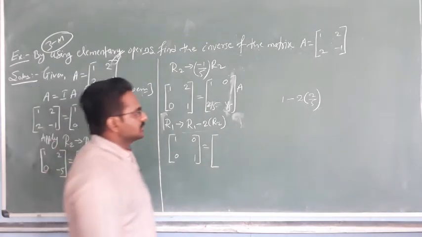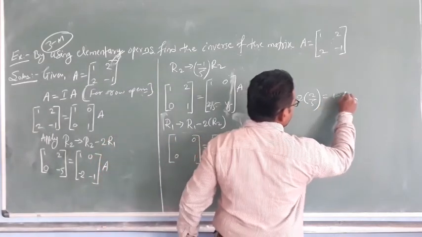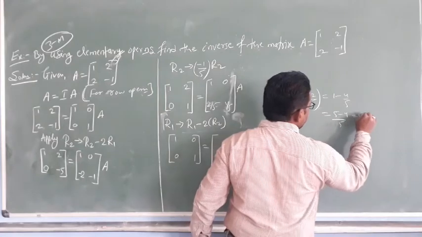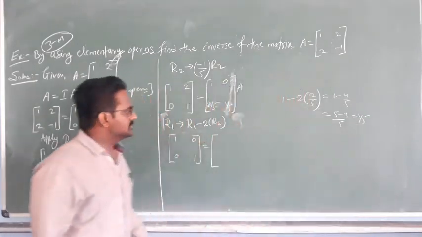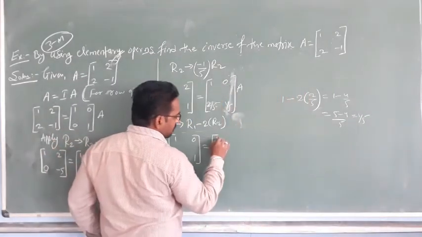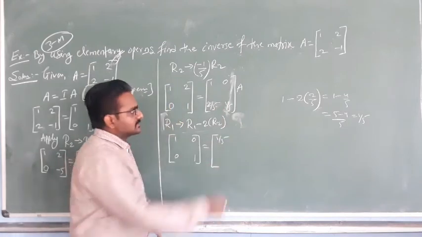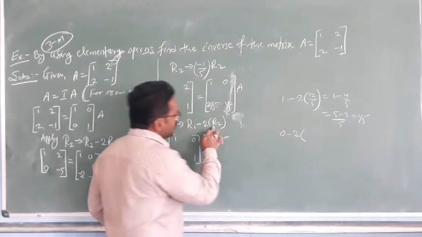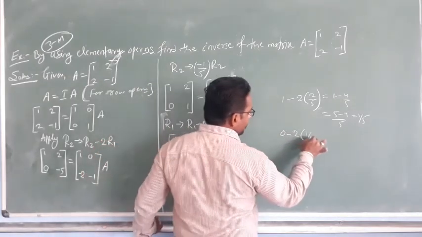Yes, okay. So what will come here? 1 minus 4 by 5. We will get 1 by 5. This is the first element. Next, what is the second element? 0 minus 2 into the R2 value. R2 value is 1 by 5.